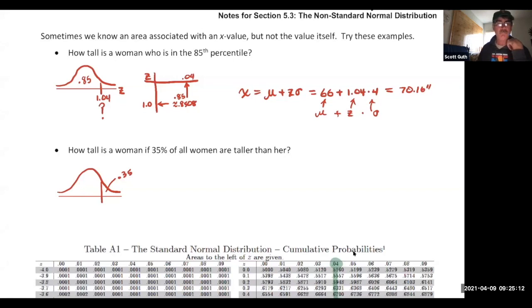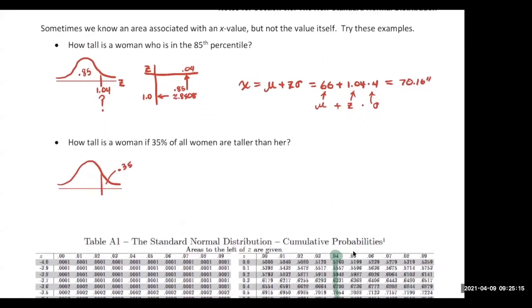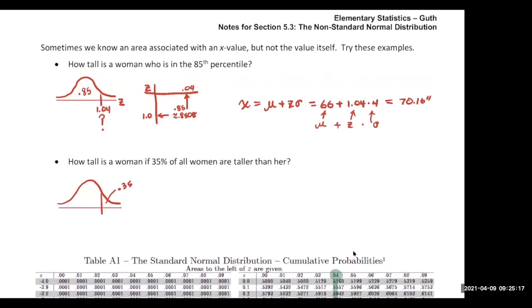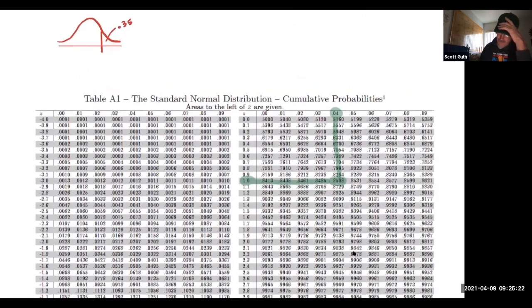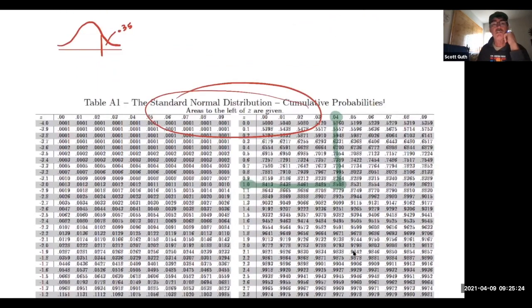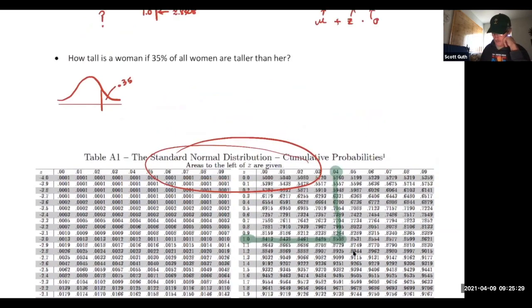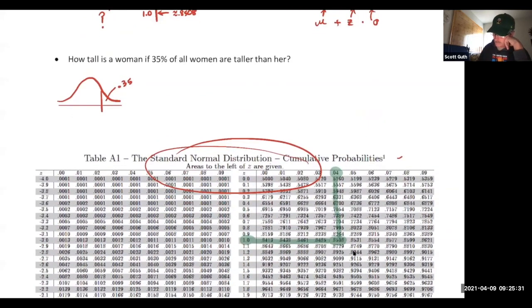Can you explain one more time the fact that the table only takes care of areas to the left? Well, just because that's how I made the table. It only has areas to the left. So the picture that always goes with this table is you're looking up any z-score, positive or negative. But regardless of the z-score you look up, the table is telling you the area to the left.